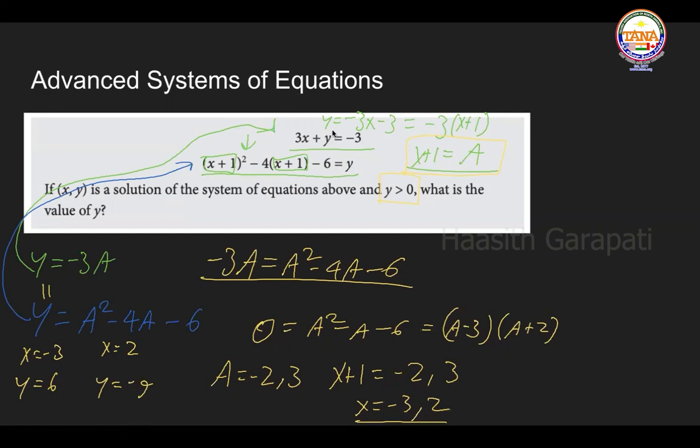Okay, yeah, no, everything is okay. So y is equal to negative 9. This is less than 0, right? So therefore, we can't use this solution. So we are stuck with this one, x is equal to negative 3 and y is equal to 6.